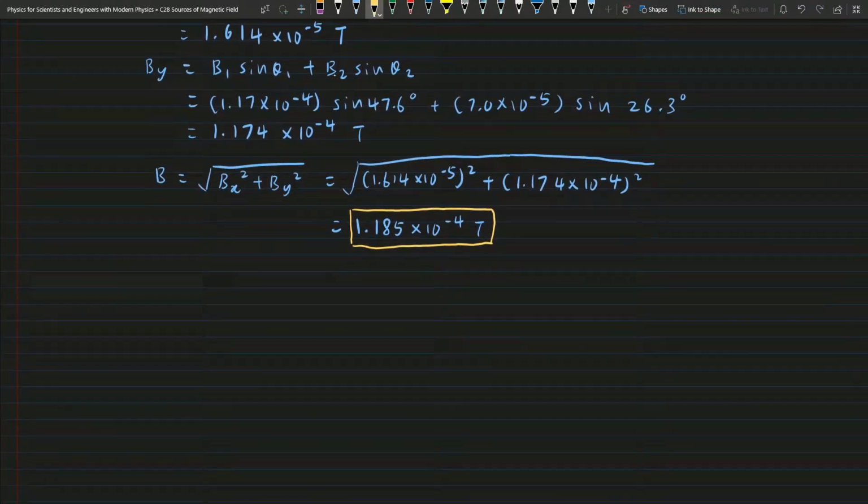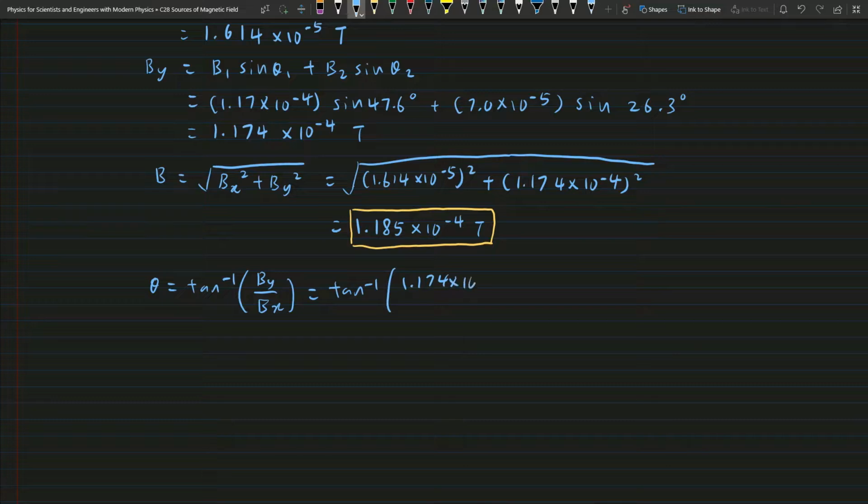Now as usual we have to solve for the direction theta. So arctangent will be By over Bx, and we already solved for these two, so we just substitute inside.